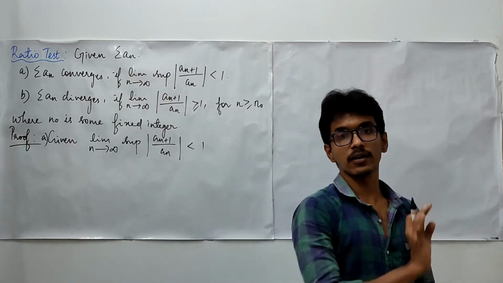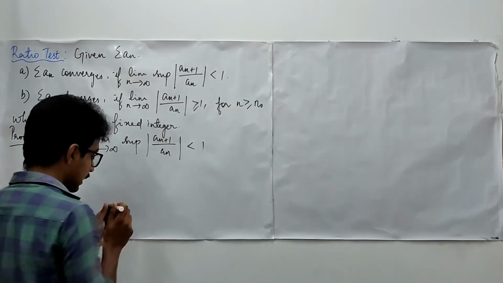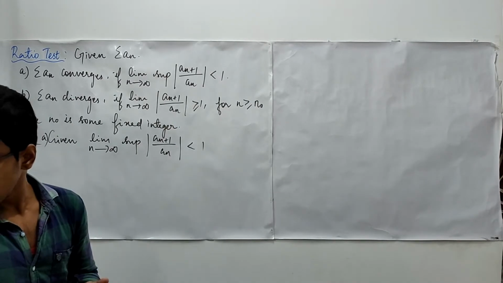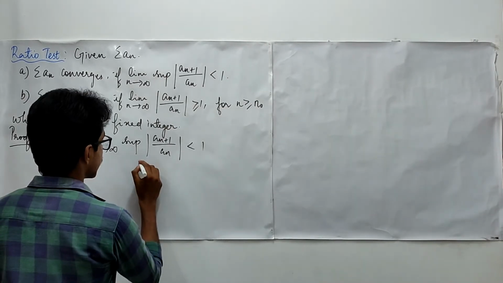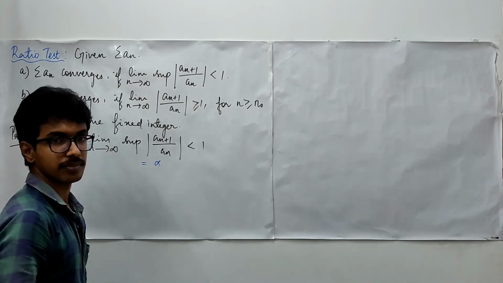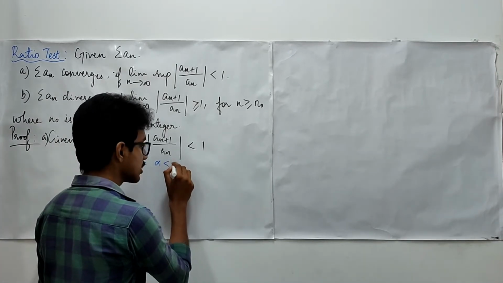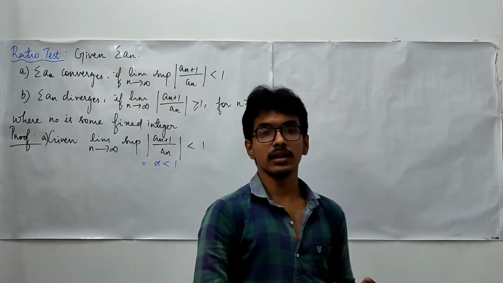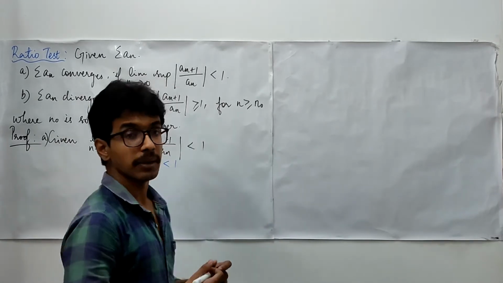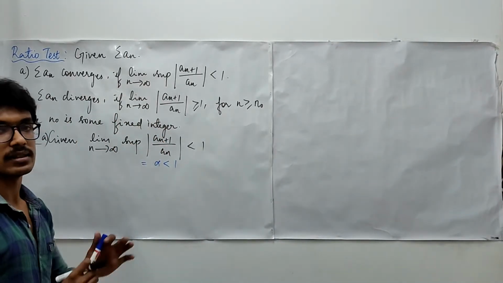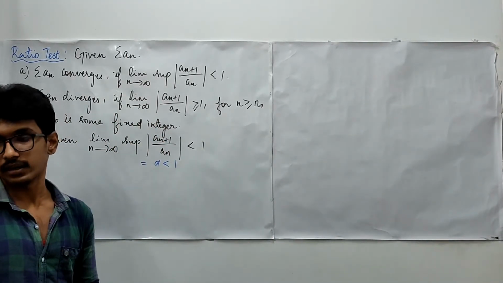This is some quantity which is smaller than 1. Let us take this quantity as some alpha, which is smaller than 1. Then we can always find some beta between this alpha and 1, since alpha and 1 are real quantities.